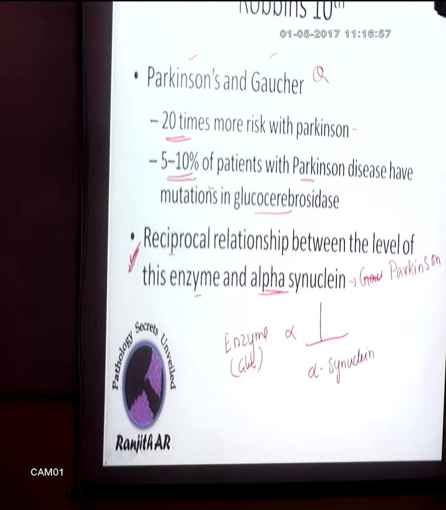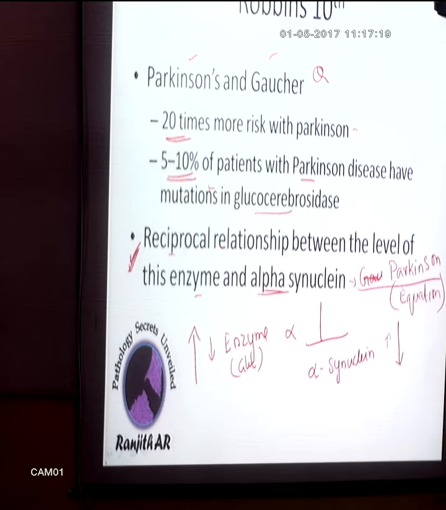So in Parkinson's, this increases, so this decreases. This is an equation. This is simple maths. So is there a possibility if I increase this, this will decrease? It is possible.